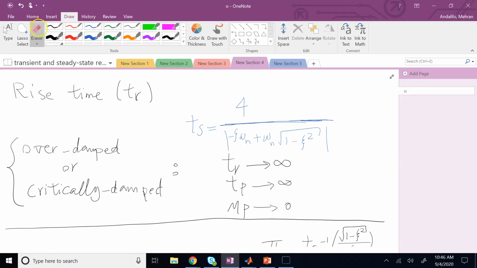The absolute value of this is your exponent, the inverse of that is the time constant, and 4 times the time constant is your settling time. So if you want an actual settling time for an overdamped or critically damped system, that's what you should use. That's the only thing that is not 0 and not infinity for such a system, so you can define a settling time, which I mentioned here for you.